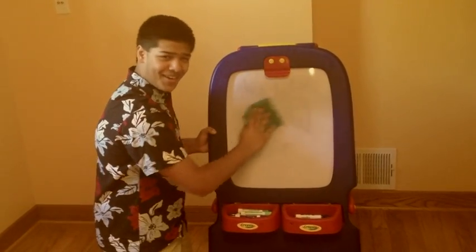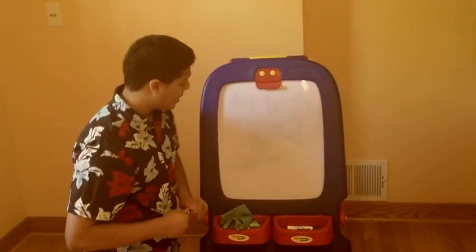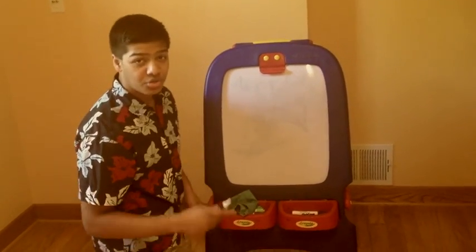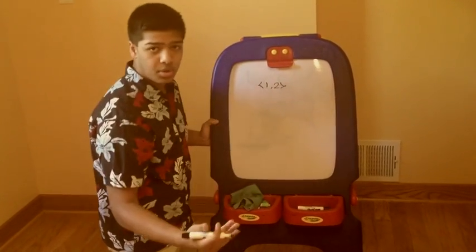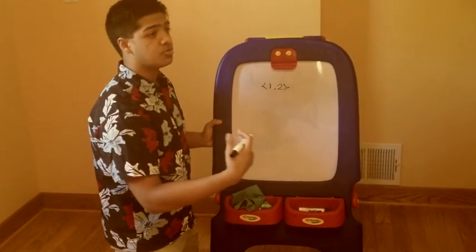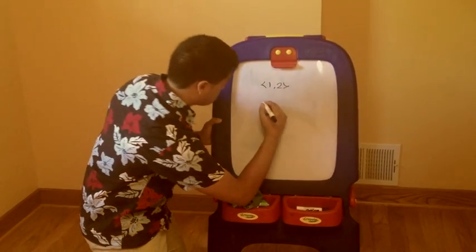Are you ready to learn more about vectors? So I introduced you to our vector V, which is 1, 2. Now we're going to talk about how to find the magnitude, which is written like this.